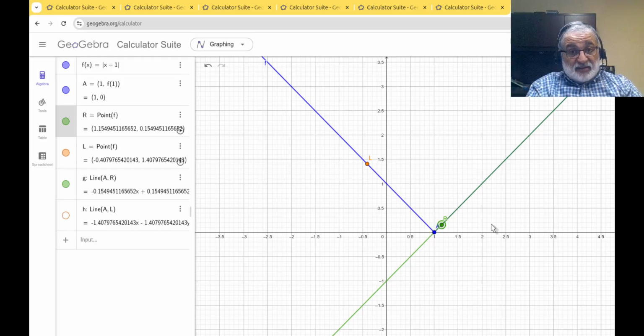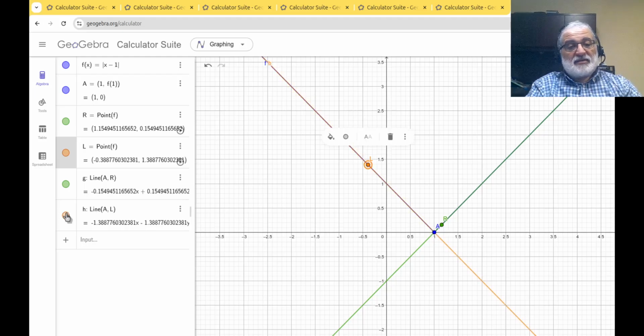Is it a slanted line or a vertical line? It's a slanted line. Does it have a finite slope? Yes, it has a finite slope. So, okay, we have a slope from the right. What about the left? This point is on the left right here. Let's connect that with point A. See what happens here?